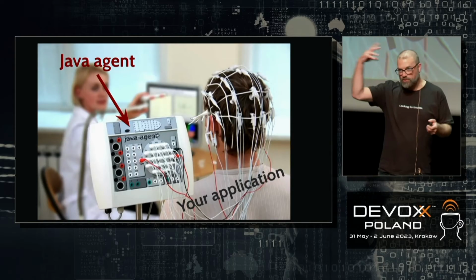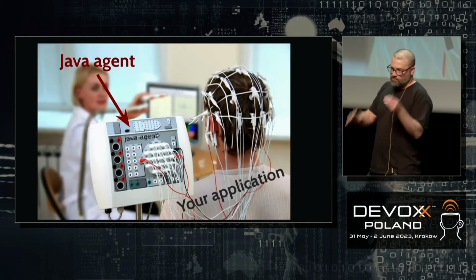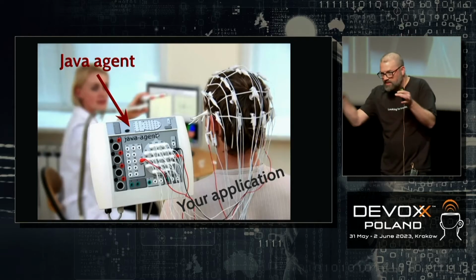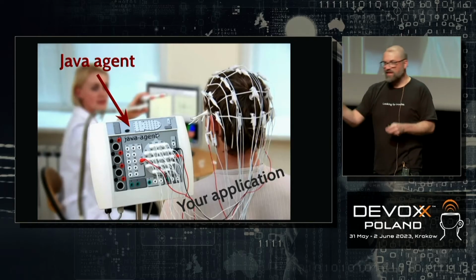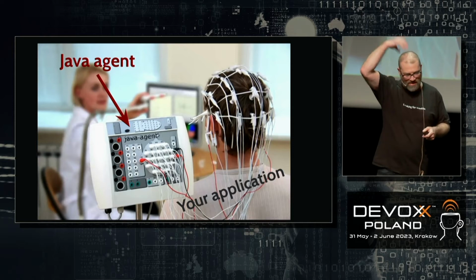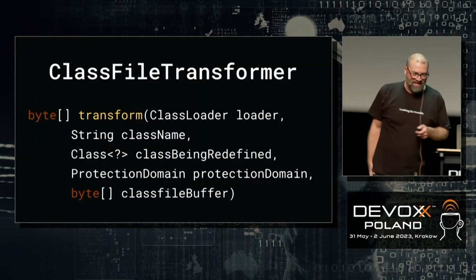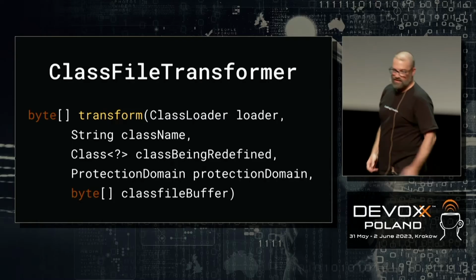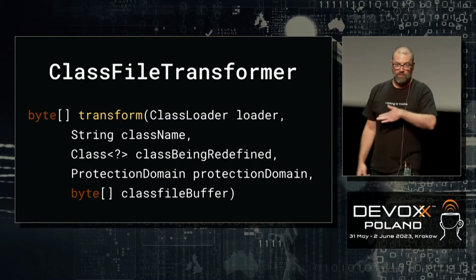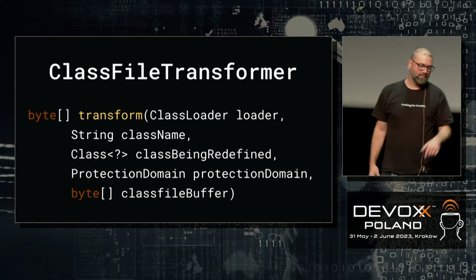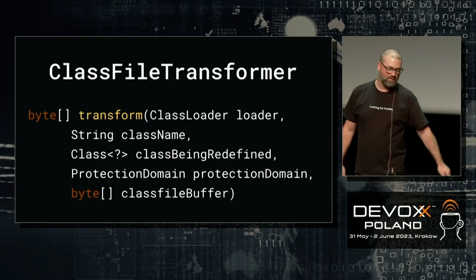So this is what I visualize the Java agent doing. It's this bit of complicated machinery that then puts its tendrils into the brain of your application so that it's able to see what's going on inside there. All right, class file transformer is that thing we saw that's passed to your premain. And what's on that? Well, it has this transform method that's interesting.